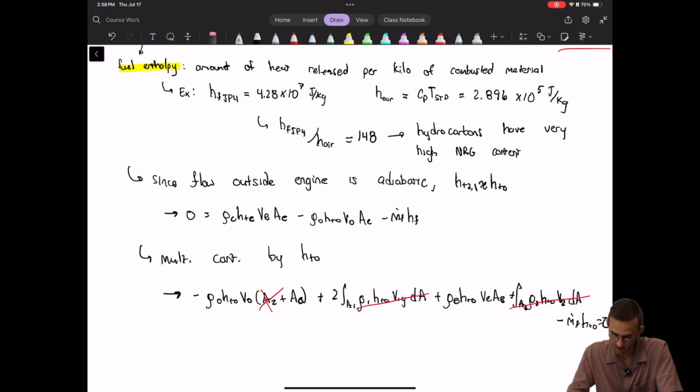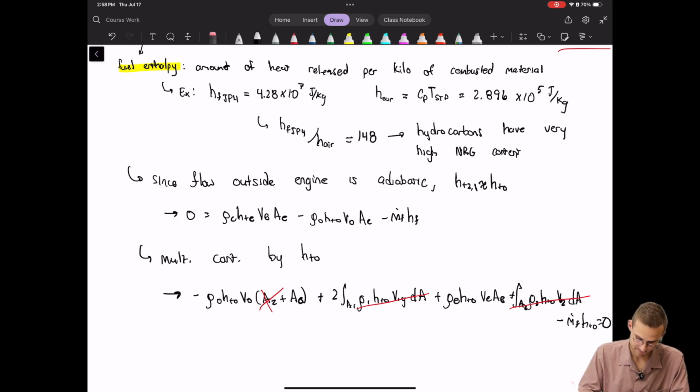Then what we're going to do is subtract this from the energy equation. That makes the other term, the rho naught HT naught V naught AE term, get canceled.